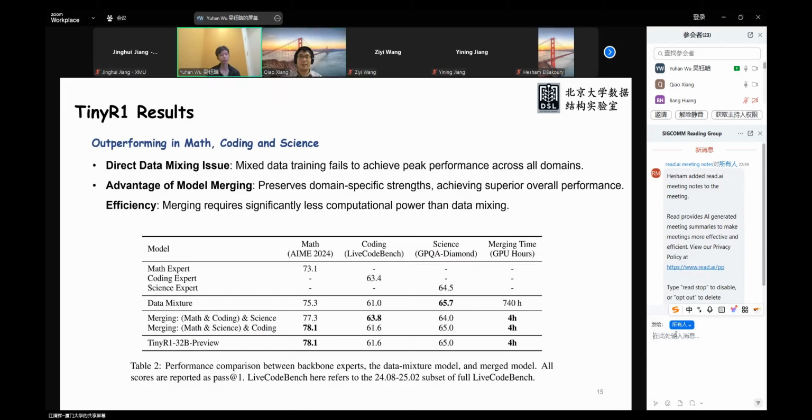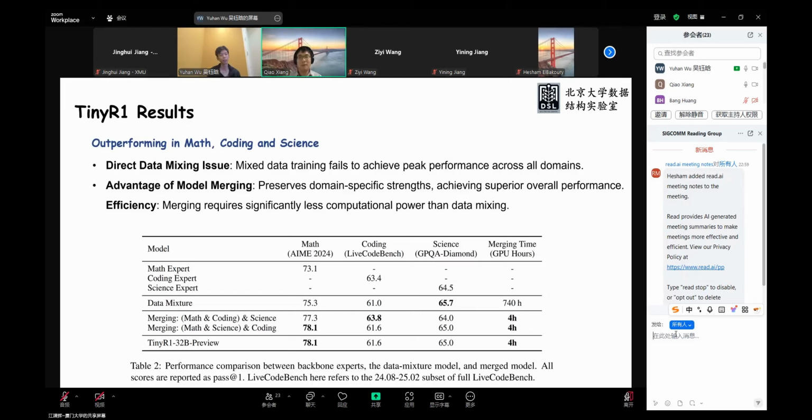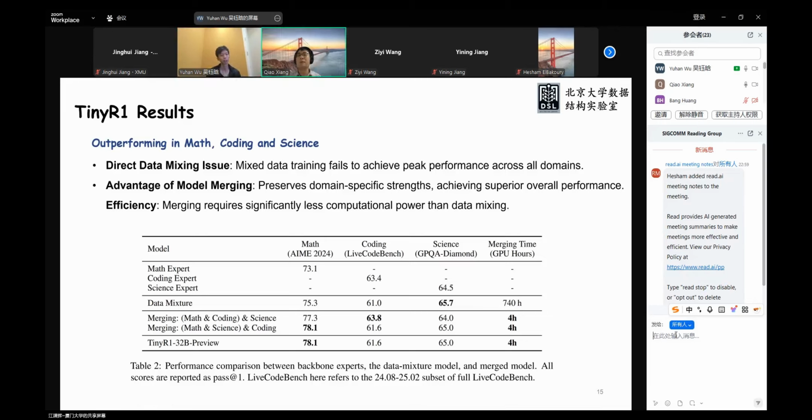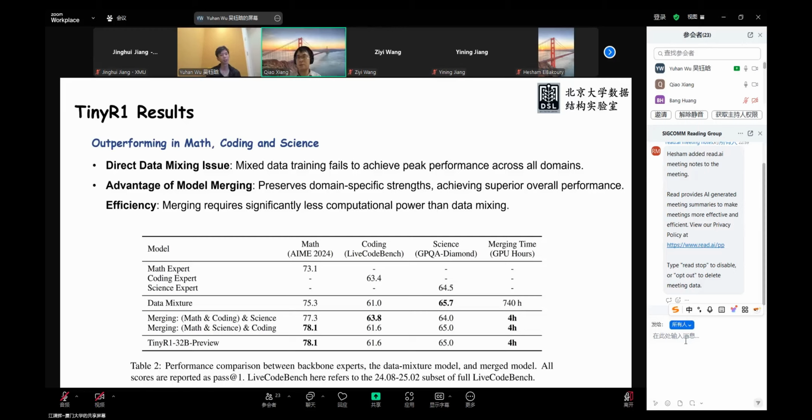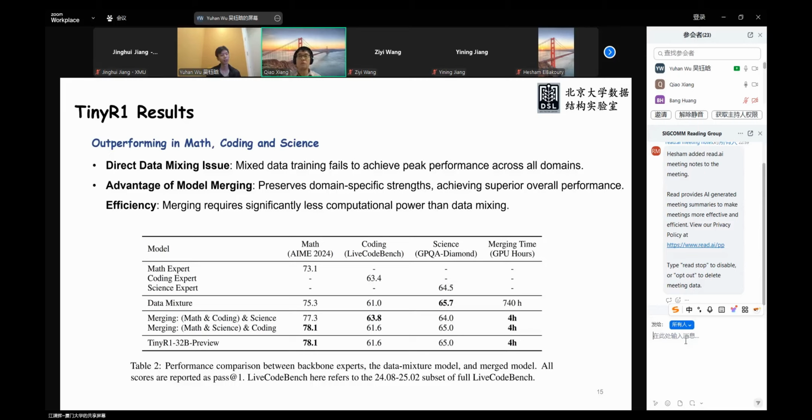Or maybe, as you suggested, data mixture takes a little more engineering effort, while really making model merging function well still requires a lot of thinking and research, and maybe people haven't really thought through that yet. Is that right?